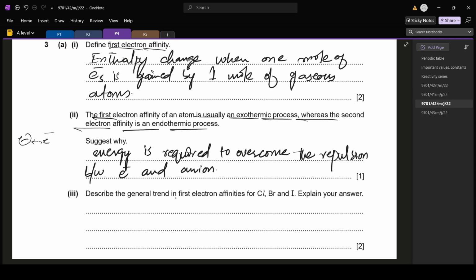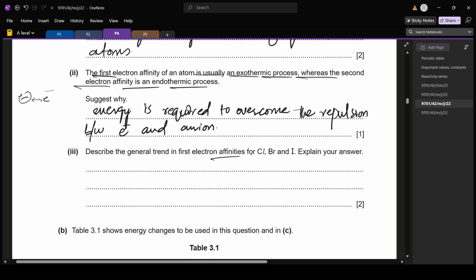Describe the general trend in the first electron affinity for Cl, Br, and iodine. So what is the trend?